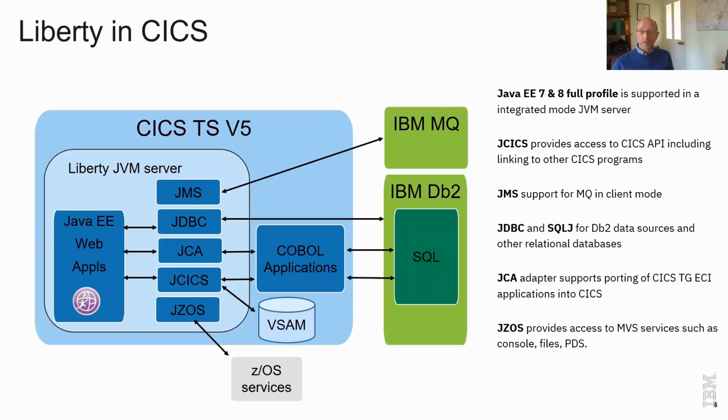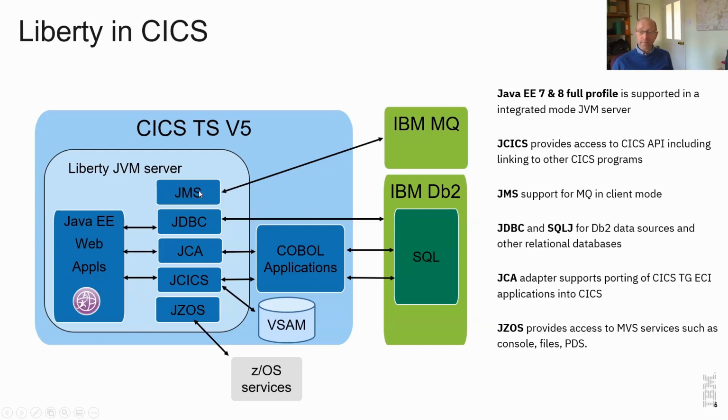So here's a quick picture of how Liberty in CICS fits together. We have Java applications that are deployed into Liberty, and they have APIs available to them. We have a wide range of APIs, with Java EE and with Spring Boot, but we also have some system level functions. We have JCICS, which are the Java wrappers to the CICS APIs. We have JDBC, which are wrappers to Db2 SQL.